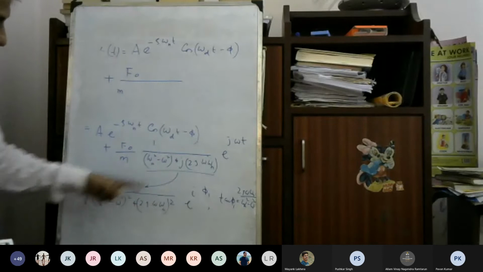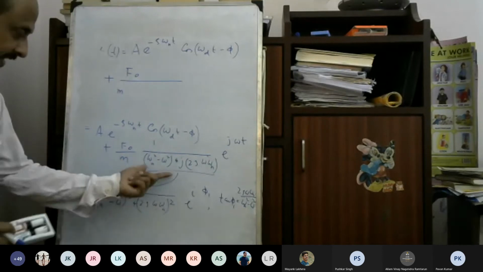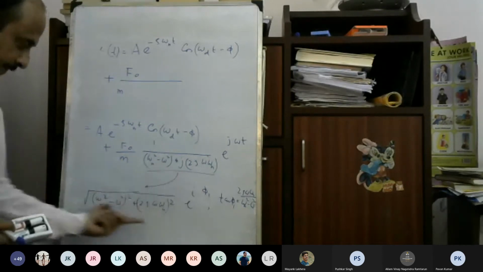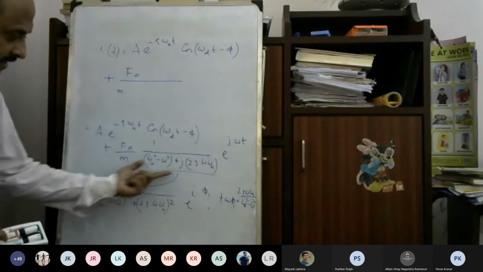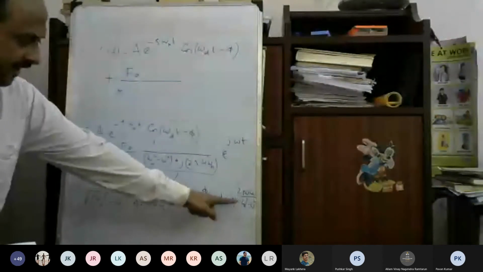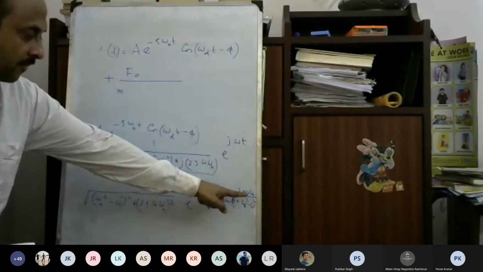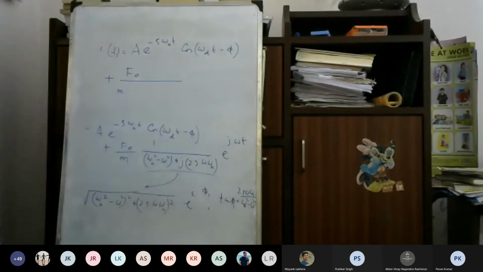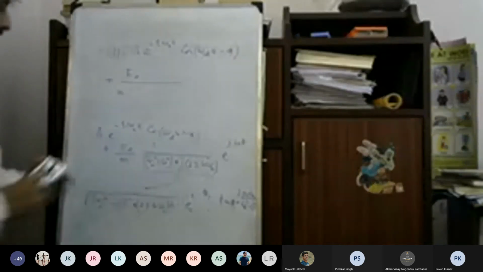Right? So in this form, if I take out the amplitude part, we can define the phi angle, that tan phi 1 equals 2 zeta omega n divided by omega n square minus omega square.